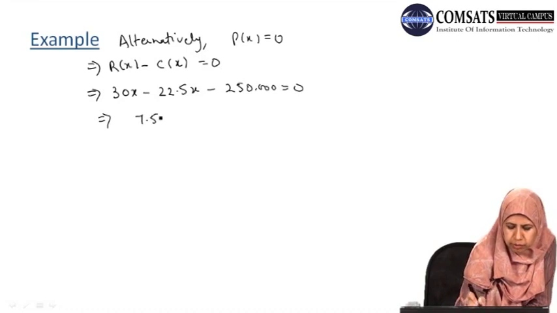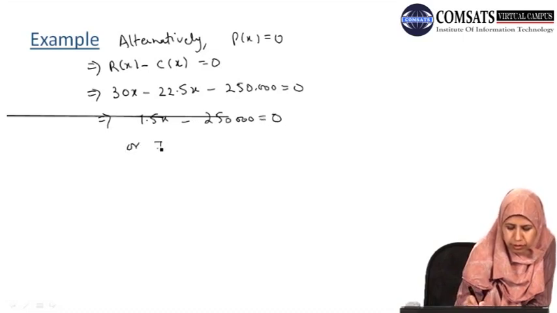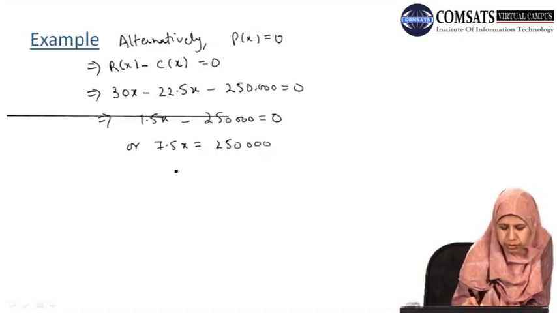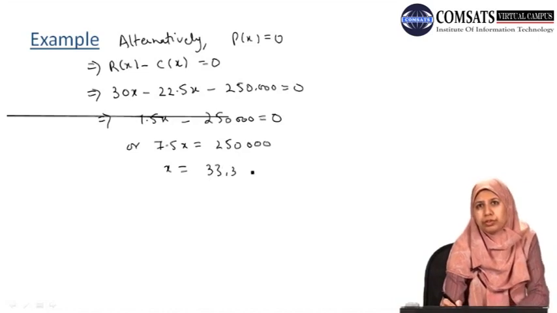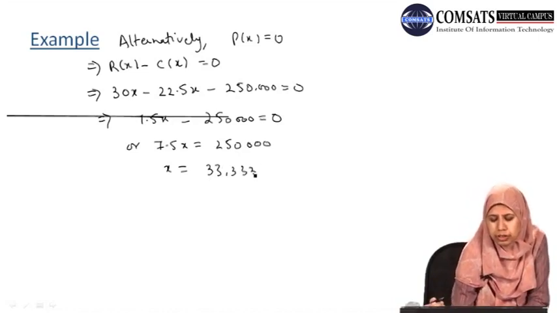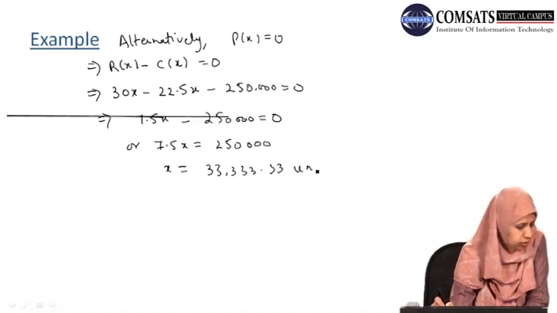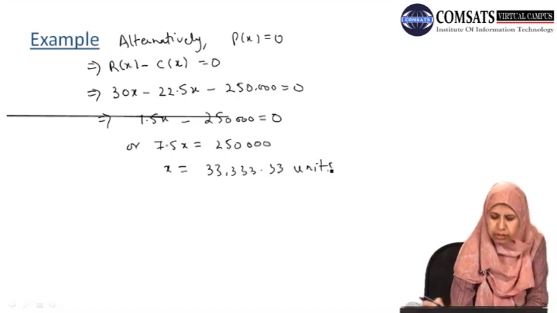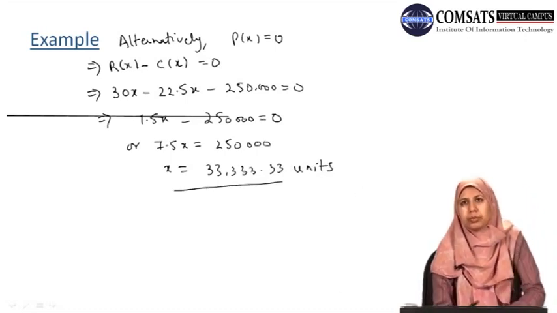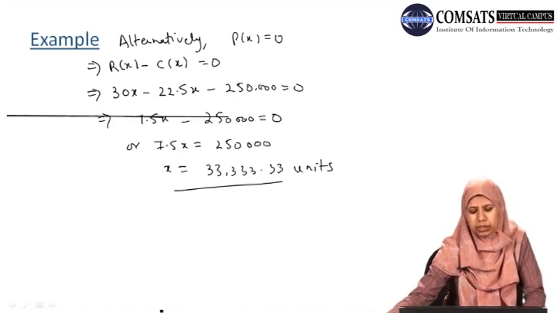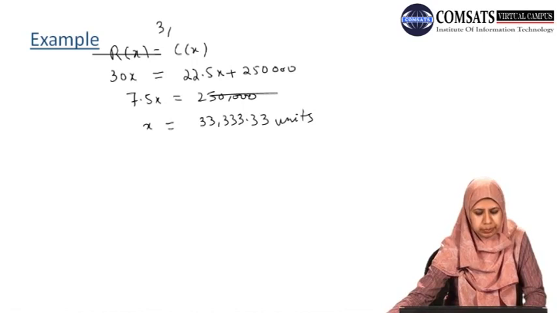Simplifying, 7.5x minus 250,000 is equal to 0, or 7.5x is equal to 250,000. Further simplifying, we obtain the value of x, that is the number of units sold or produced, is 33,333.33 units, and we can see that the break-even point or the 0 point in both the cases is the same.